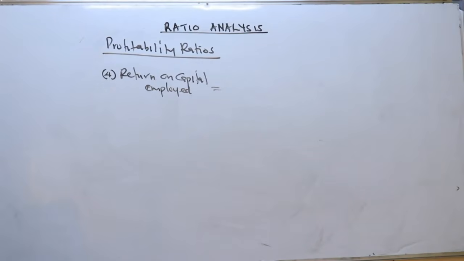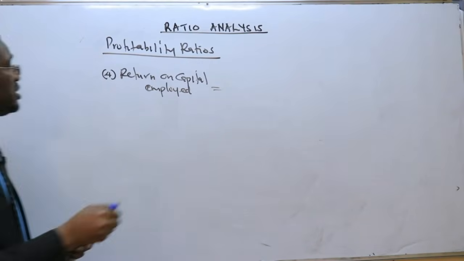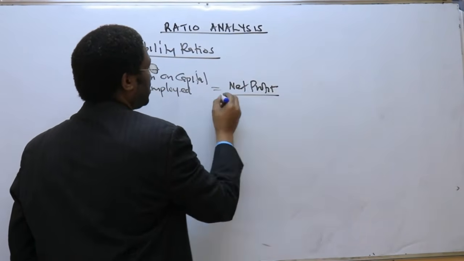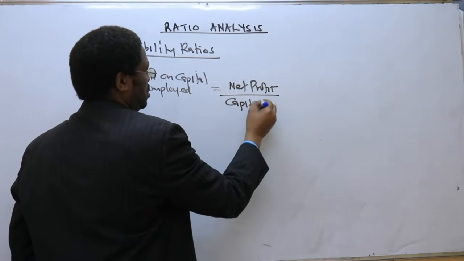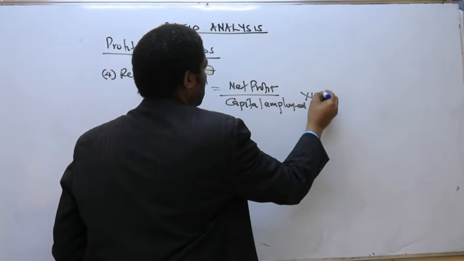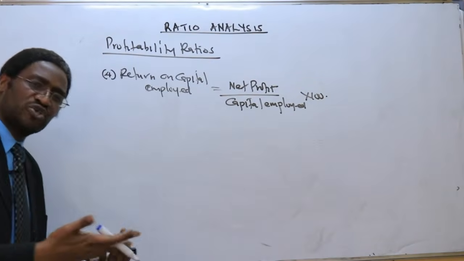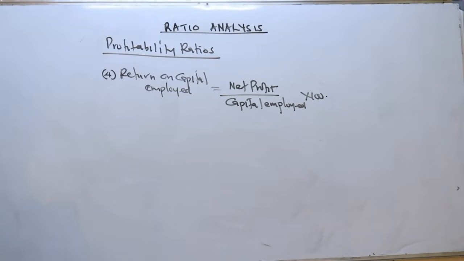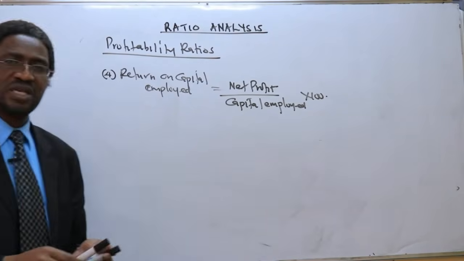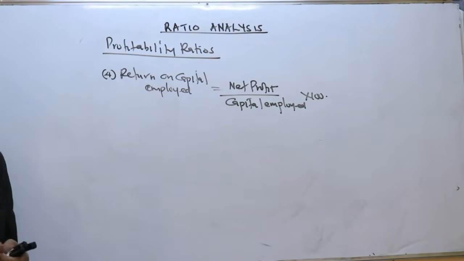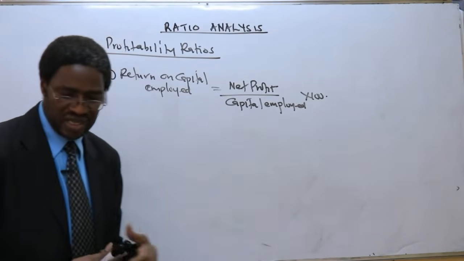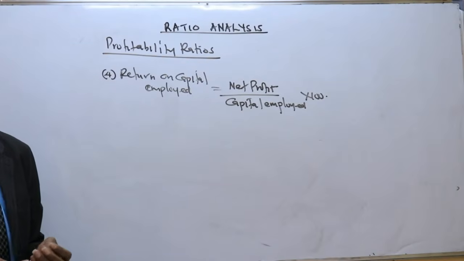To get return on capital employed, we take net profit, you divide that by capital employed times 100 again. Of course, on the capital that you have invested in your business, what is the return? The return is the profit that your company made. So you take the net profit, you divide that by capital employed.